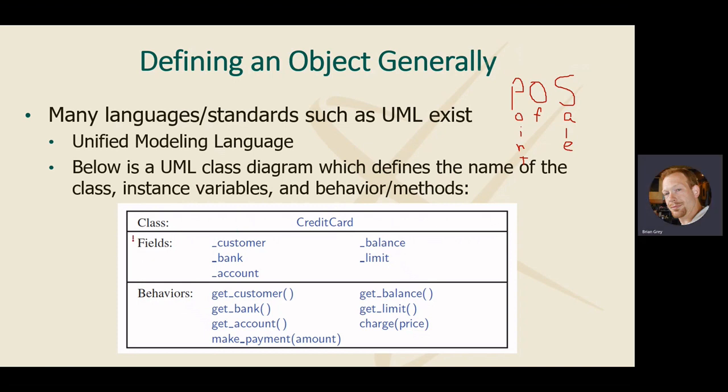So some of you are probably thinking, fields? What are fields? Well, these are the things that we're going to be storing about our object that describe our object. So fields is another term for attributes.